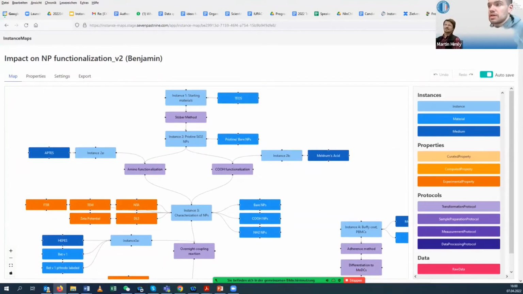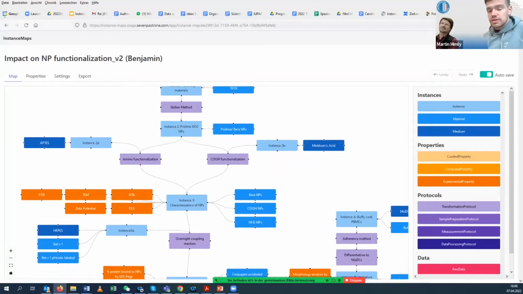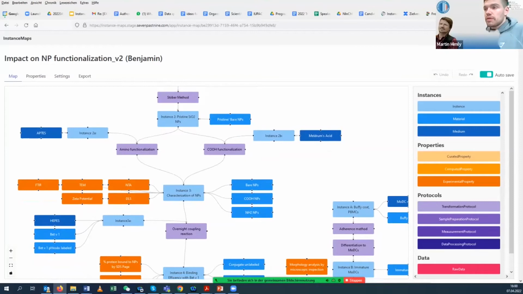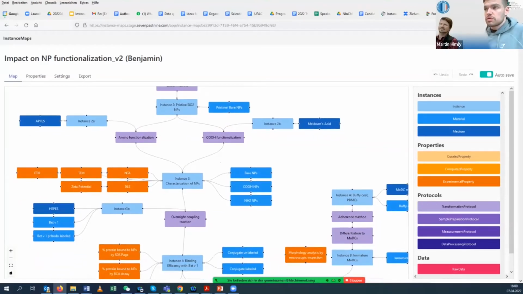So we had a chemical, like here, material called TIOS, and with a method in purple, we basically first synthesized the particles, and then with different further materials and chemicals, we functionalized the particles with the chemical functional groups, with an amino surface group and with a carboxy surface group.